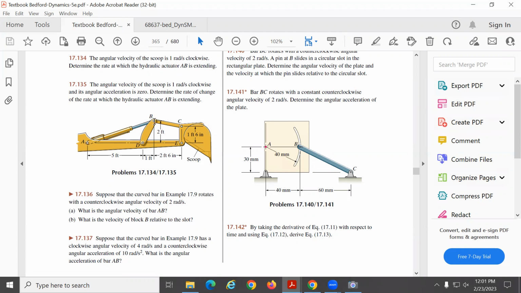So VB is equal to the velocity of A plus the velocity of B with respect to A plus omega cross S of B with respect to A. What is VA? 0. What will be the relative velocity? We don't know the magnitude, but we know the direction. Yes, so this will be e_AB, along the bar.